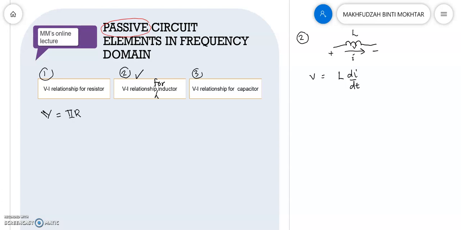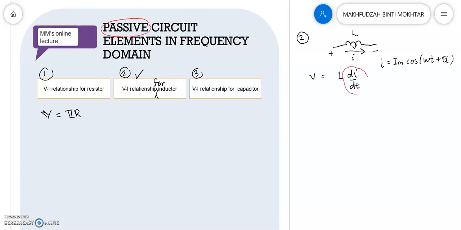And we also have talked before this that I equals Im cos omega t plus theta I. Now how are we going to differentiate this current with respect to the time?